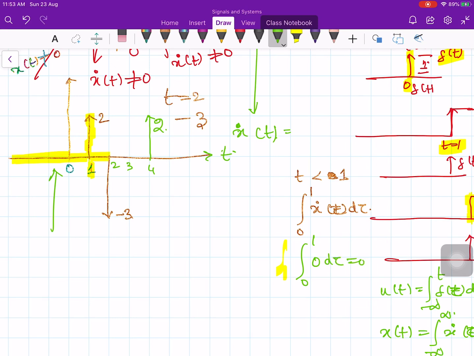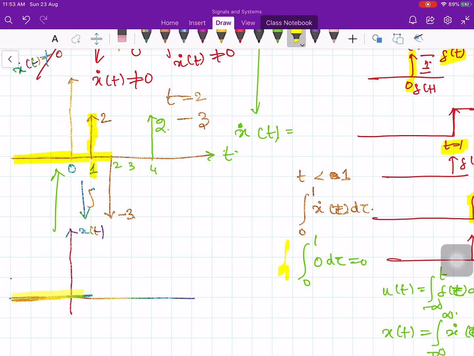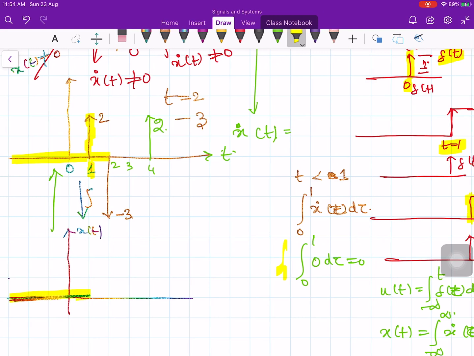So this is x of t constructed from x dot of t by integration. Up to 1 it is 0, because it doesn't contain any impulse.